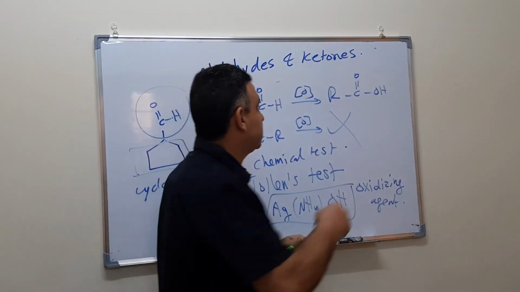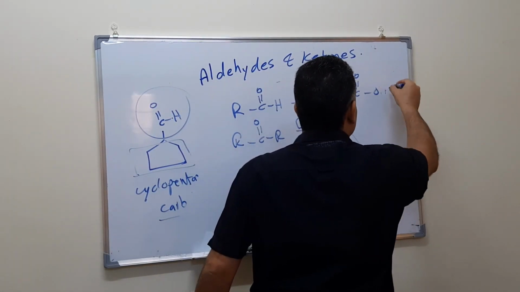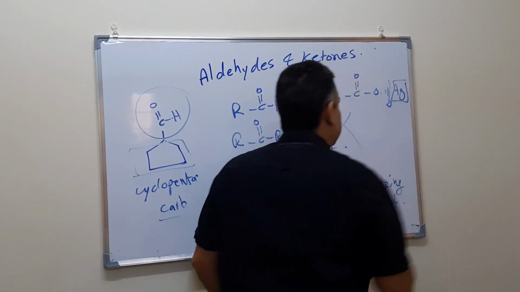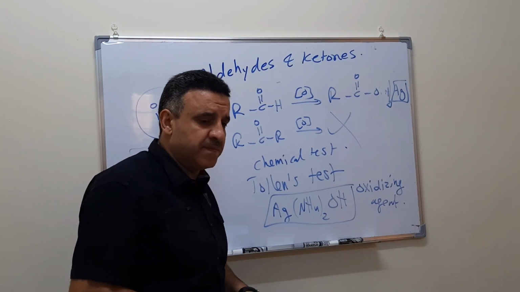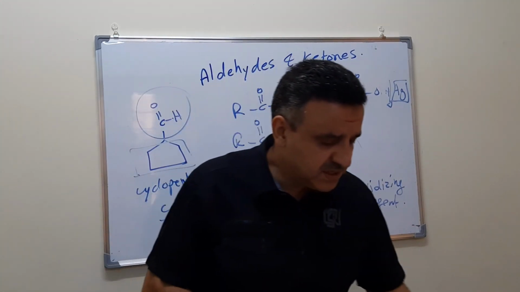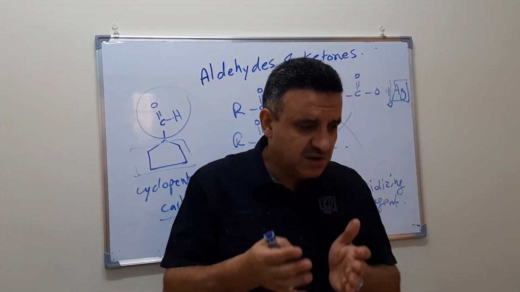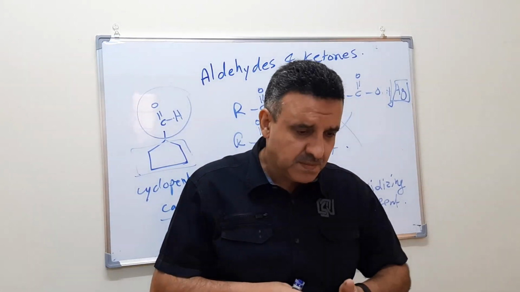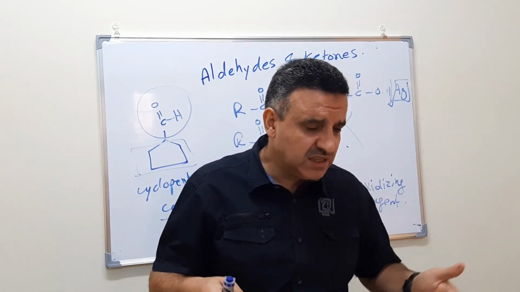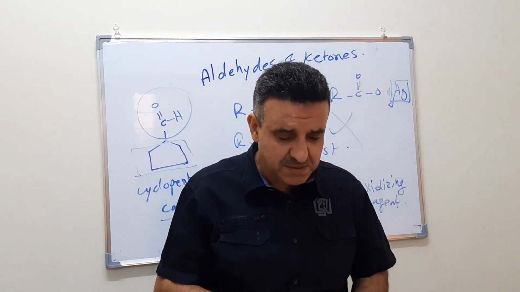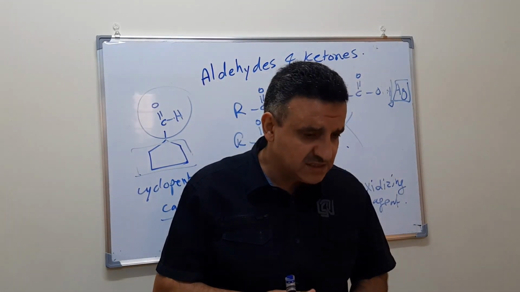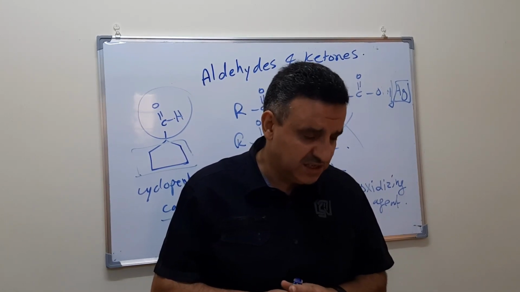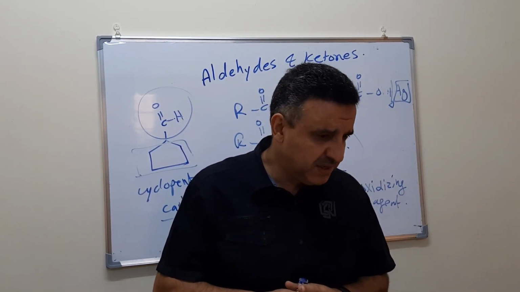In this case, we also get silver as a silver mirror, which deposits on the interior walls of the test tube. So this reaction can distinguish aldehydes from ketones, working as a distinguishing test between them. Is there any question, please, so far?